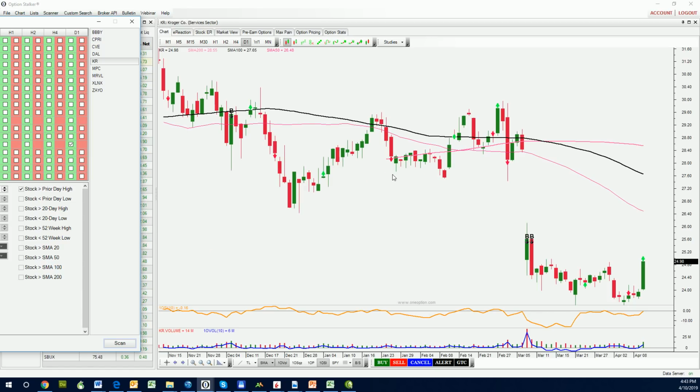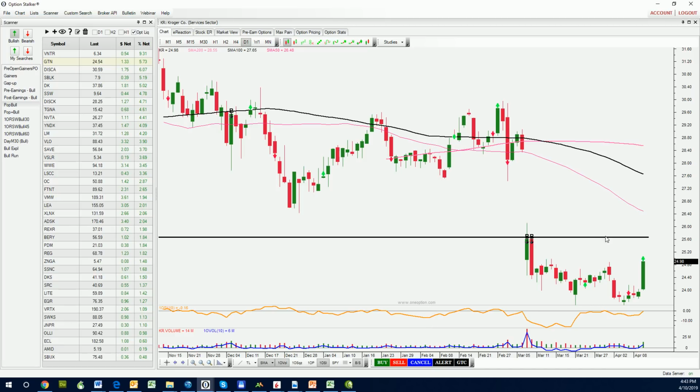Now here's an interesting stock, very choppy, sells off after earnings. All I'm going to do is drop a GTC alert line. If it gets above this alert line, and it may take a few weeks to do that, once it gets into this gap, it's going to have a tendency to fill, and then I will be very interested in it, if for no other reason than to sell out of the money puts below the $25 strike price right here, knowing that this will then become support.